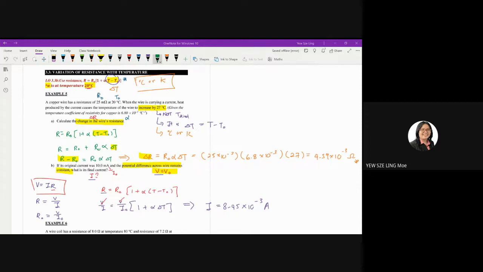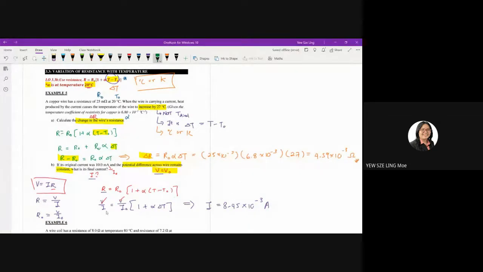Okay, so when you plug it in, you should obtain 1 over I equals 1 over 10 times 10 to the power of negative 3, bracket, 1 plus 6.8 times 10 to the power of negative 3, delta T, 27. You plug in everything. Remember, this is 1 over I, so you need to flip it over.